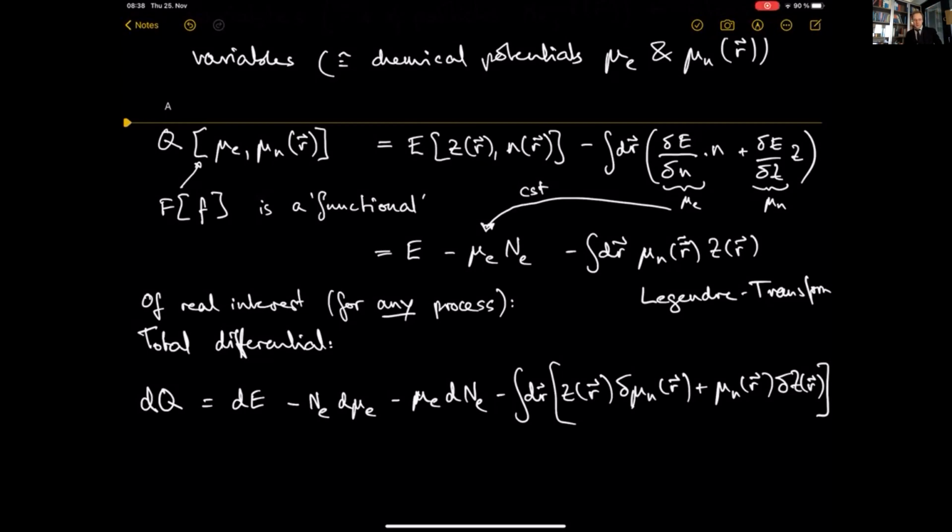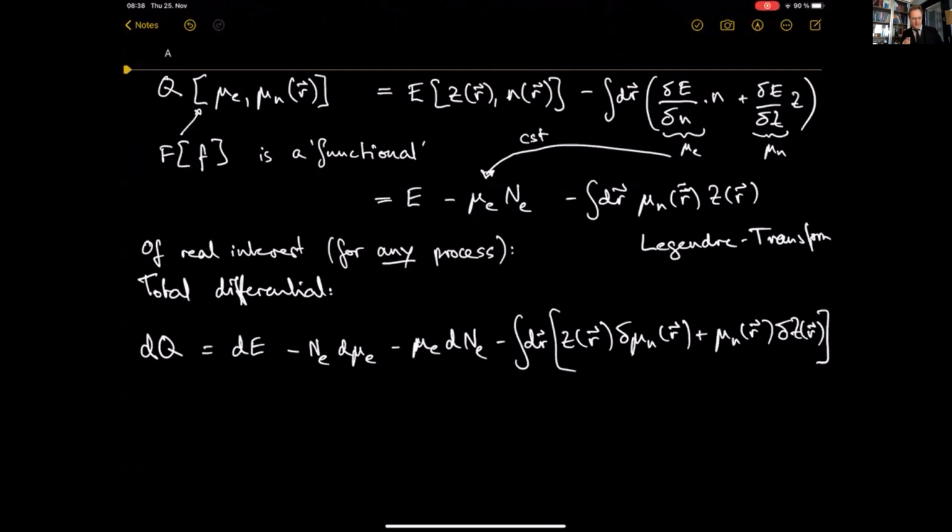Now, we have these five terms, but the dE term is still implicit, right? So we can write out this total differential, which is a function of C and N, and the functional.